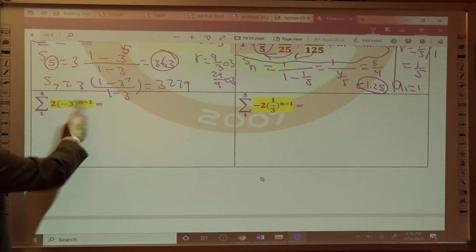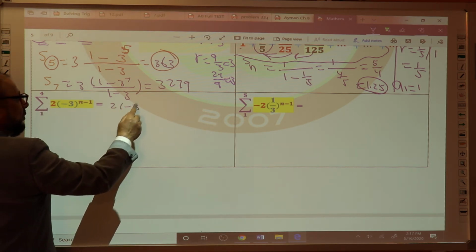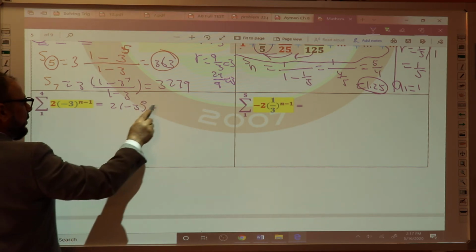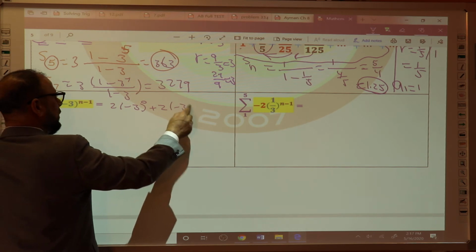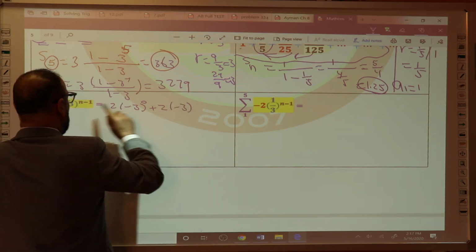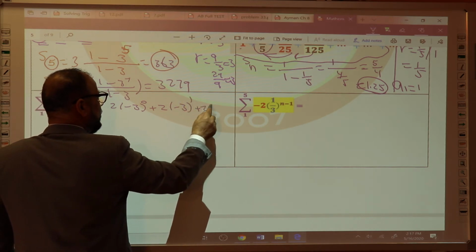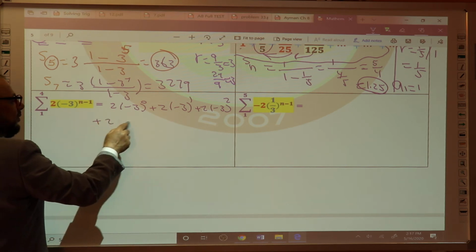practice. Here what we have, from 1 to the 4, 2, negative 3, 1 minus 1 is 0. Only 4 terms. 2, negative 3, 1 minus 1, we did 2 minus 1 is 1, plus 2, negative 3, 2, plus 2, negative 3, 3.